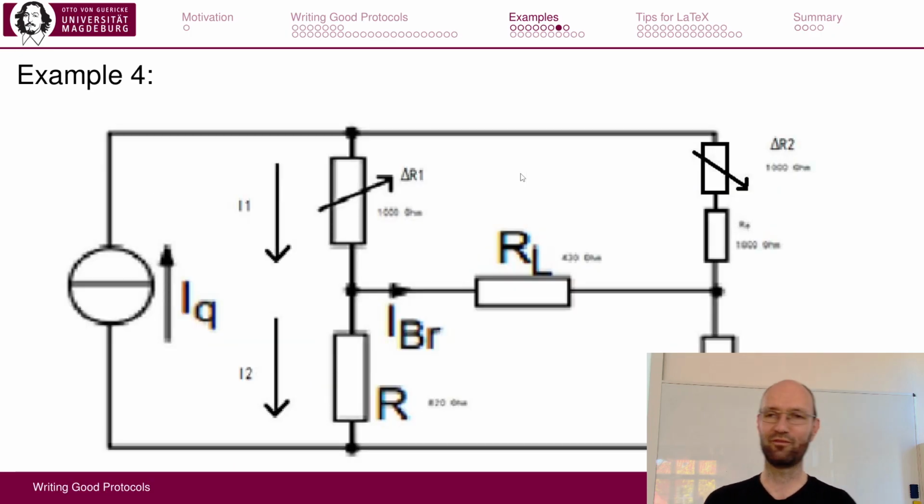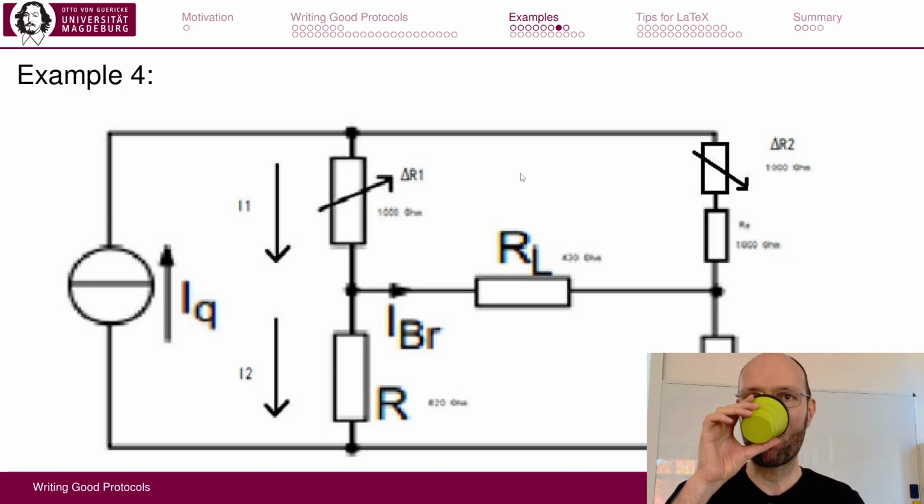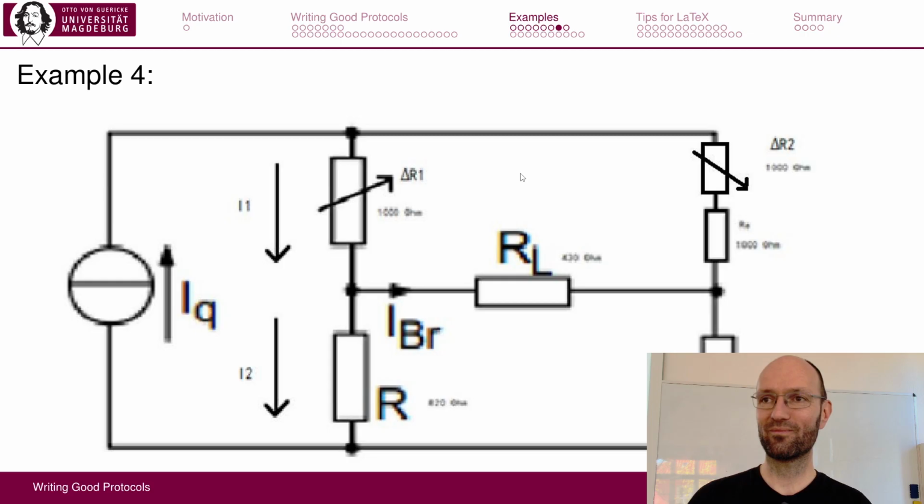Okay, this is also a very nice example. I think this is a circuit schematic, and I think this happened by using Paint or screenshots, and then they have been scaled and rescaled lots of times.